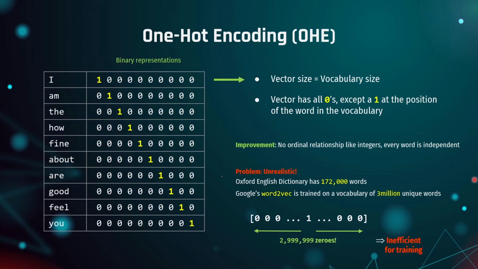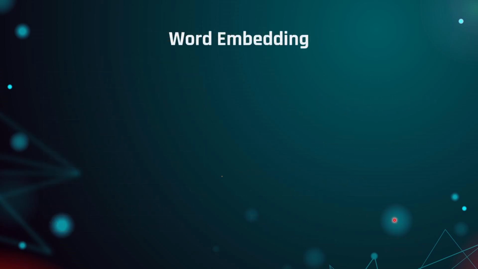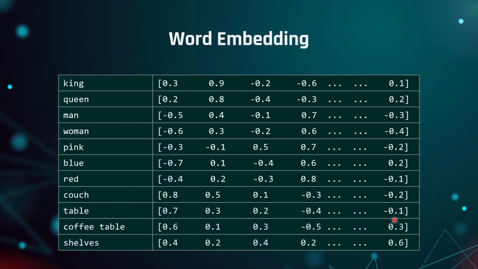So millions of zeros and ones, right? So it's extremely inefficient for training, as we have seen. So instead of millions of zeros and ones, it's better to use 300 floating point numbers in one vector.